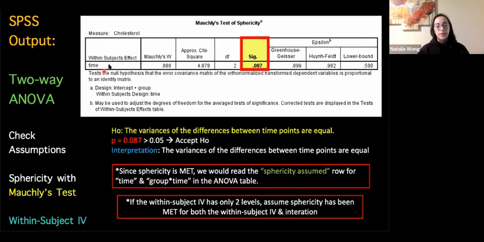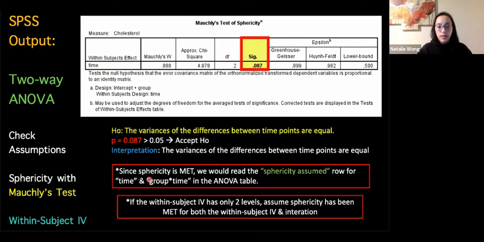You'll notice that in our sphericity test last week in our repeated measures, sphericity for the interaction effect was also included in this table. That is not the case when we have both a within and a between subject factor. So if you accept sphericity for your within subject factor, you're also going to have the same assumption for the interaction effect.